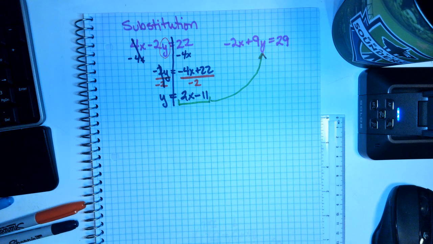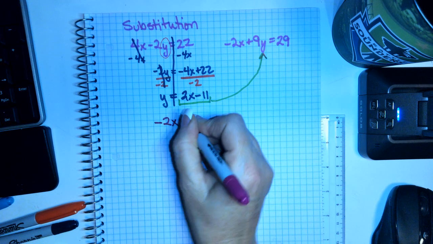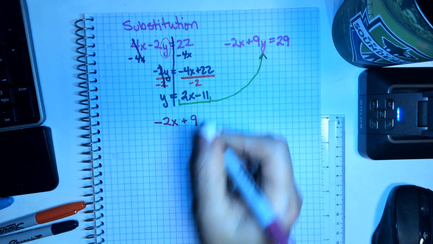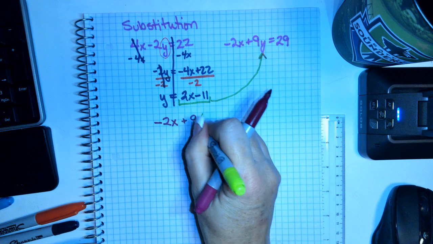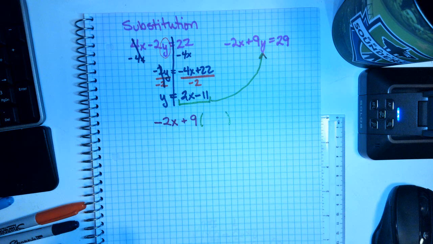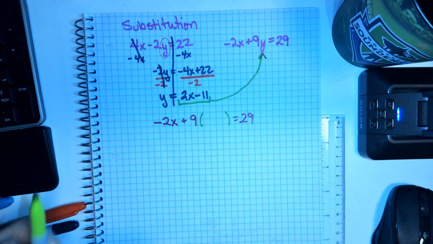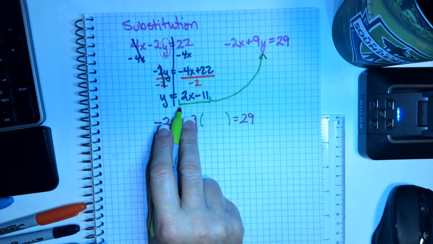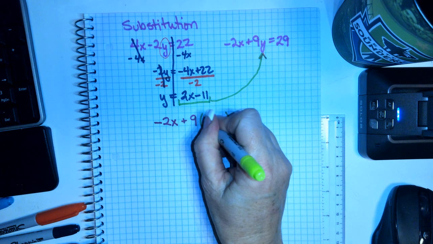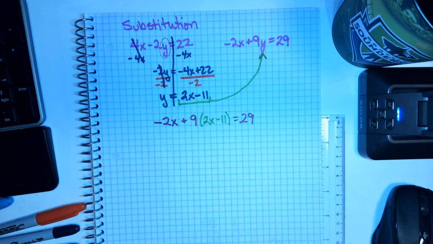So I'm going to have -2x plus 9 times this y value, and that's going to equal 29. And my y value is right here, 2x minus 11.